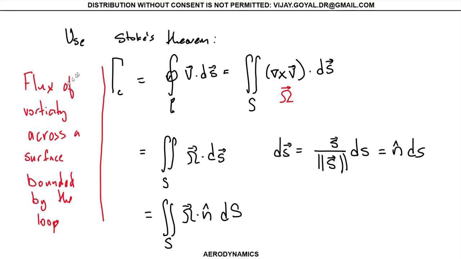Okay, so basically, Stokes theorem, let's talk a little bit more about Stokes theorem, and then we will move into a couple of applications and do some numerical examples. Stokes theorem says basically, let's suppose we have an enclosed path.